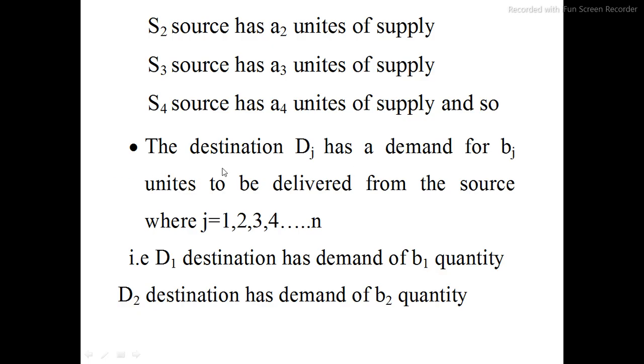Now if you come to the destinations, Dj, what is this Dj? D1, D2, Dj, they are all the retailer shops. How much demand do they have? B1, B2, it is Bj units, where j is equal to 1 to n.